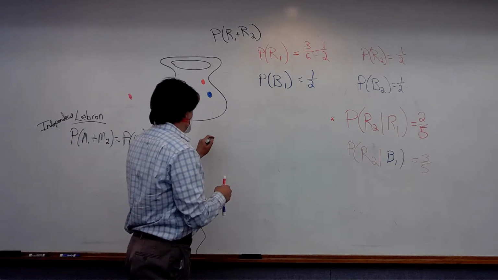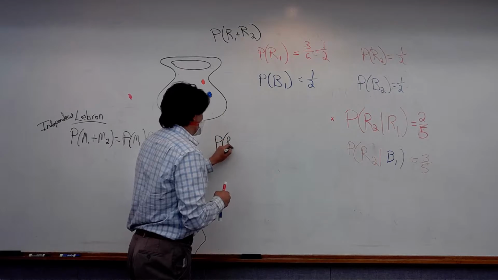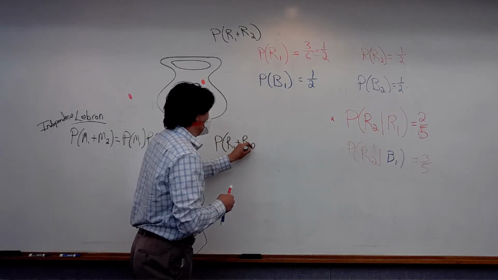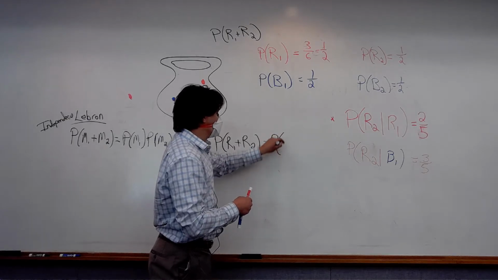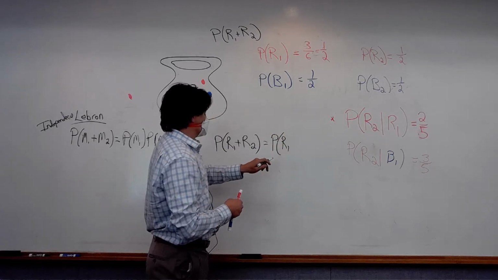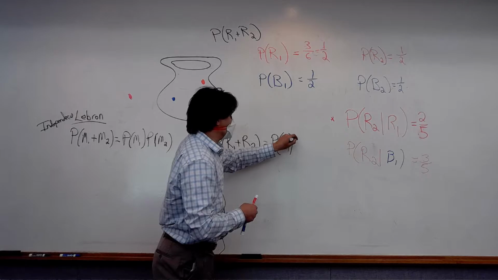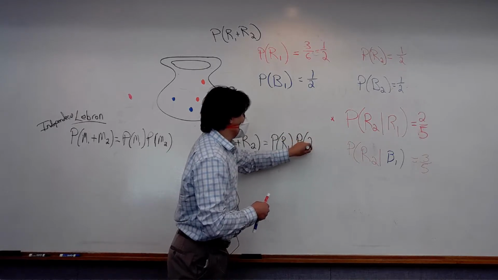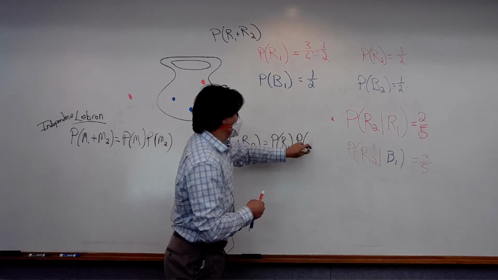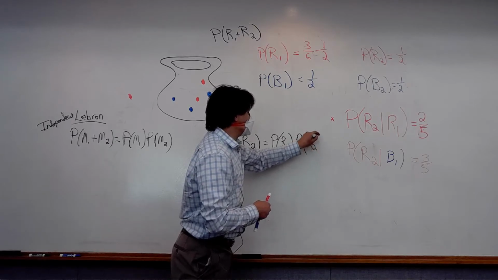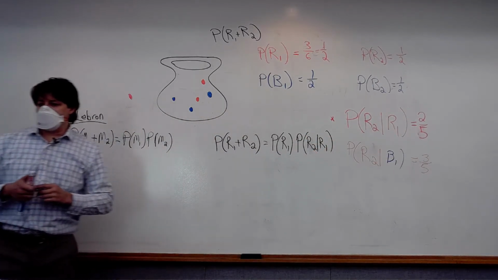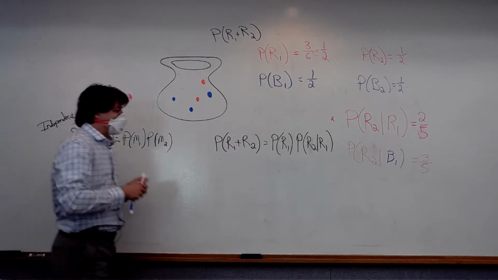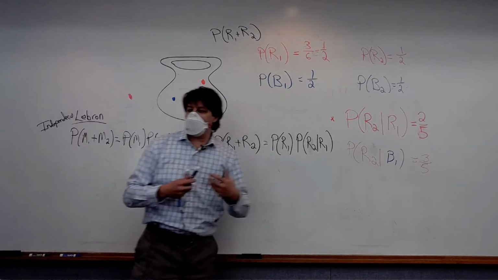Okay, and so in our case, the probability of R1 and R2 is the probability of R1 times the probability of R2 given that we had R1. Okay, so the probability of R1 times the probability of R2 given R1.